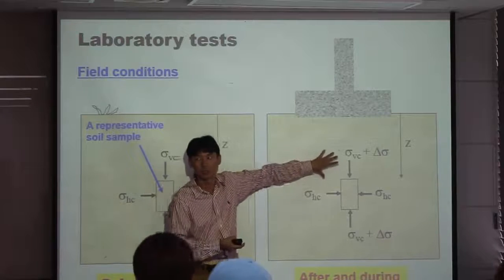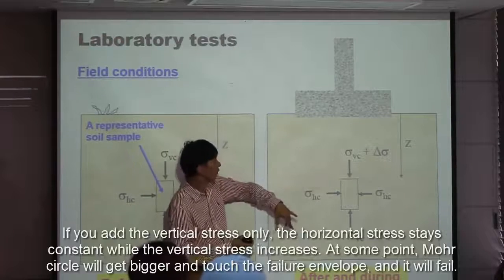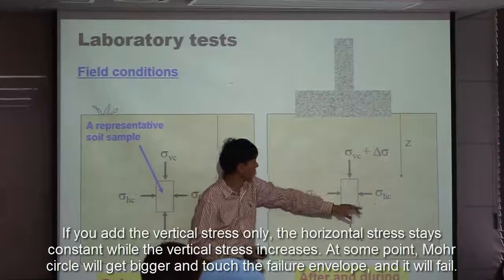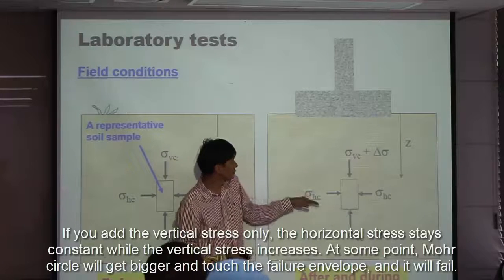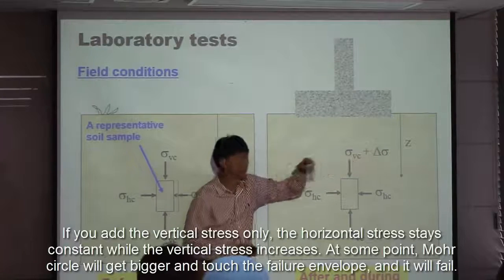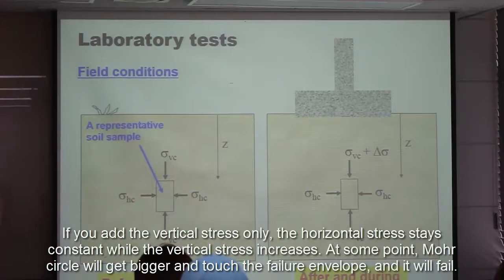If we idealize with only the vertical stress increase, we can assume the horizontal stress stays constant while the vertical stress increases, gets bigger, touches the failure envelope, and then it becomes failure.